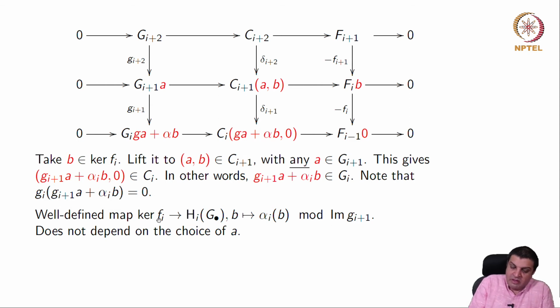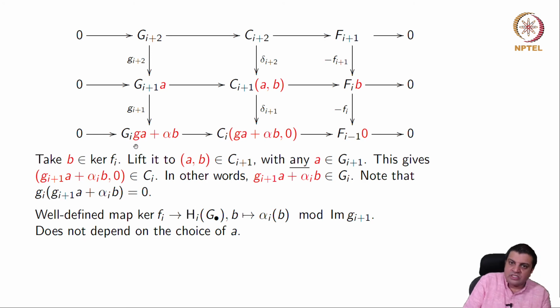So this is the map, kernel of Fi to Hi of G, where b goes to alpha i b. And this map does not depend on the choice of a, because if you chose an a prime here and do the same calculation, you will get a different element here, but that different element will be inside the image of Gi plus 1.